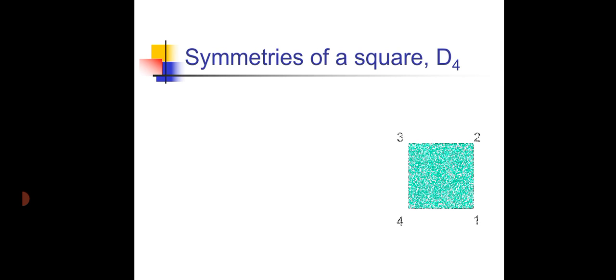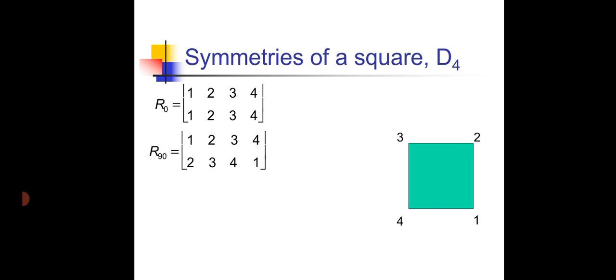Here is the symmetric group for a square, D4. We just have to rotate 1, 2, 3, 4 and identify the number of permutations. We can see 1, 2, 3, 4: R naught is the identity, and R 90 degrees. We just rotate and start from 2, so 2, 3, 4, 1. Next we start from 3: 3, 4, 1, 2.